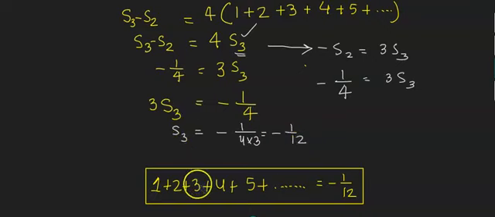And S3 is nothing but the sum of infinite terms, 1 plus 2 plus 3 plus 4 plus 5 and so on till infinity. And the sum we are getting on the right hand side is negative 1 by 12. So this is what Ramanujan proved in one of his research papers. I can show you the research here that he did.